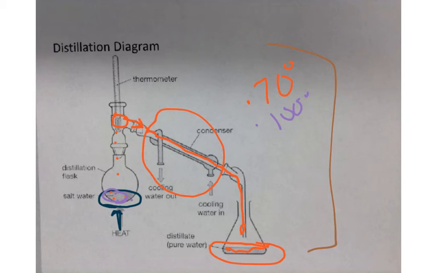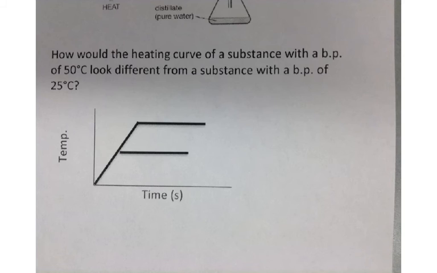So after everything's said and done, I have collected my 70-degree solution over here, and I have the one that boils at 100 degrees in this. So now I have separated the two liquids. This is going to be a very important test question that you will see, so it's important to understand.